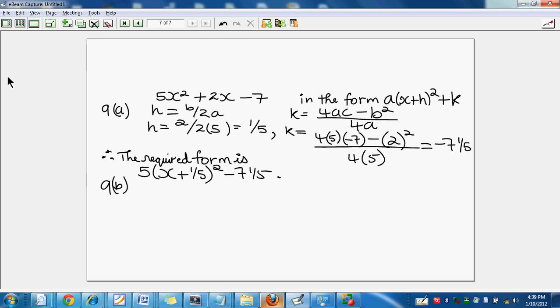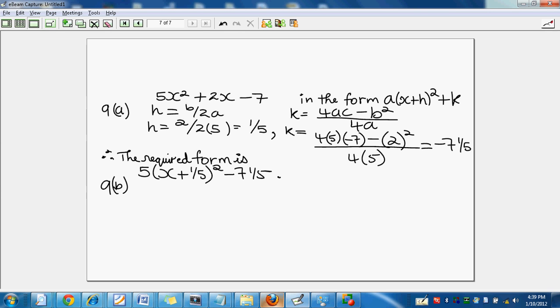So 9B now, in that same exam, we are looking at what 9B asks us to do. In that exam, 9B said, hence or otherwise, determine 1.